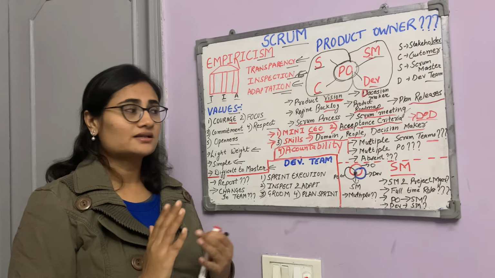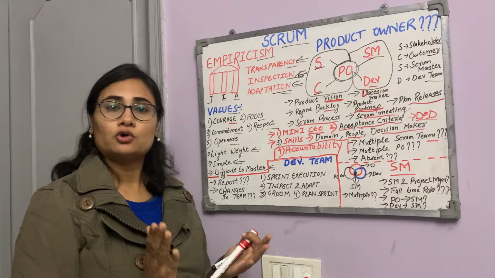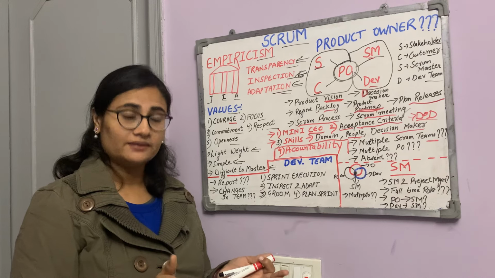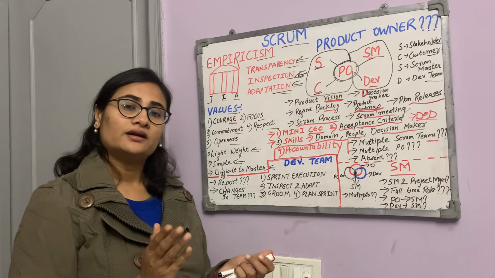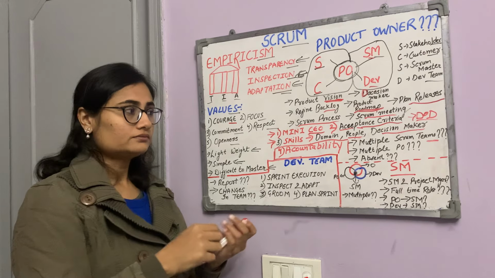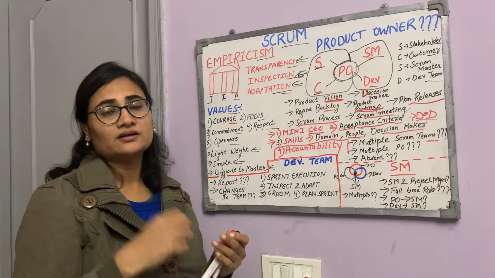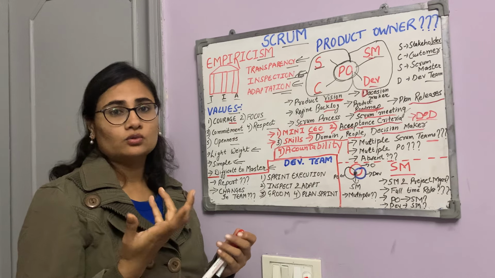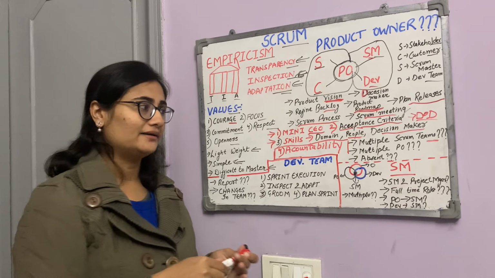So the answer is the PO should not handle multiple Scrum teams. If he is handling them, it should be for a single product, and a team of BAs or sub product owners should assist him in that task.